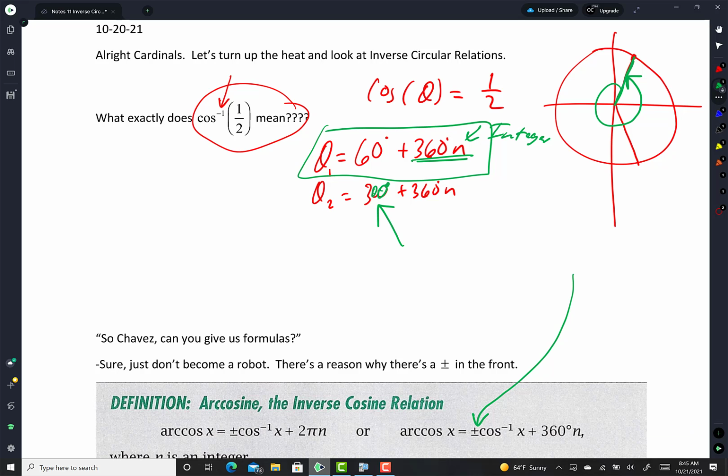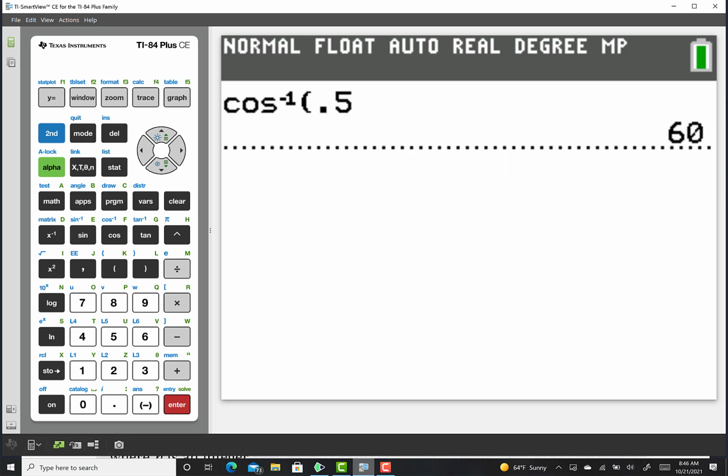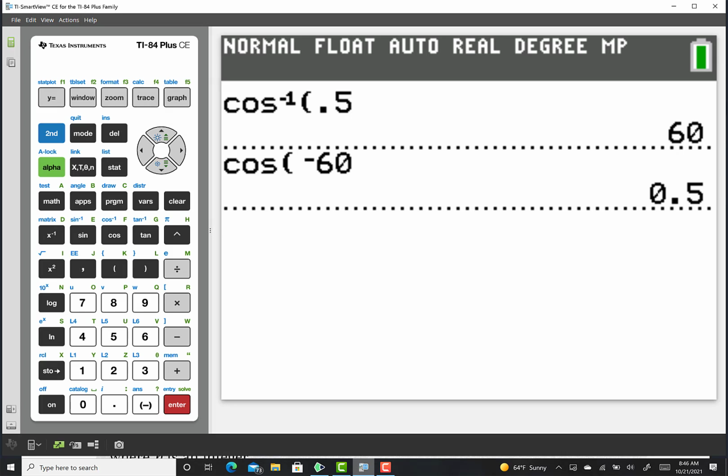So why is that plus minus there? Well, think about it, guys. Do you see this angle in blue? Isn't that angle in blue negative 60 degrees? Yeah. So if I do cosine of negative 60, notice that I put cosine and not arc cosine, that better be 0.5. And check it out, it's 0.5.